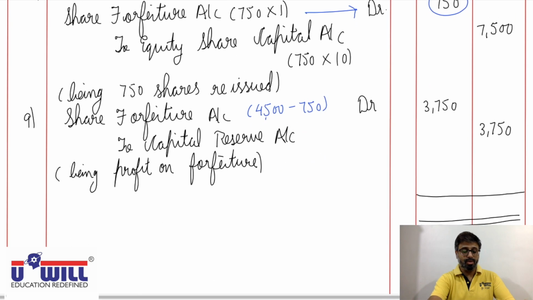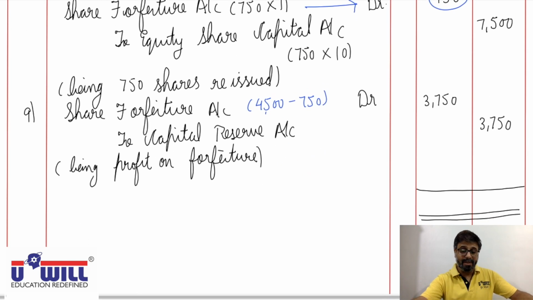So the total comes to 2,38,72,350. Write down the total amount on both the sides.